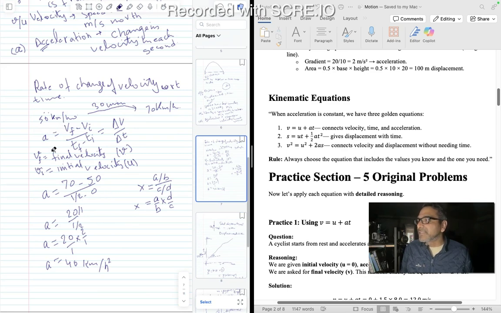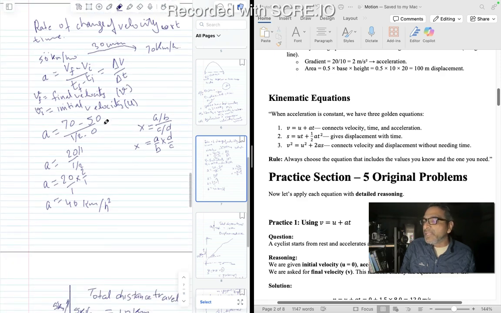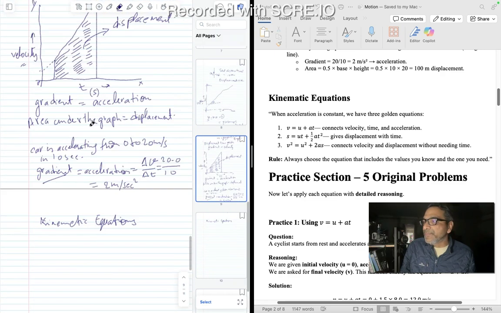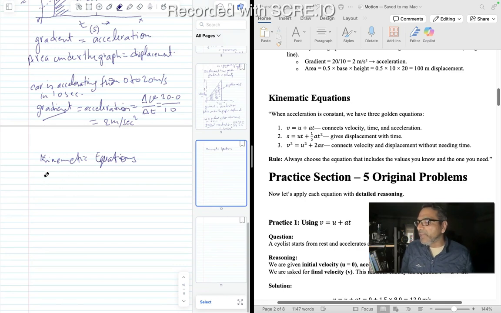So this is the fourth equation that you're talking about. It has been derived from the definition of acceleration. If we are saying distance, it will always be, let's say, d. Here we have seen s, so let's take s.